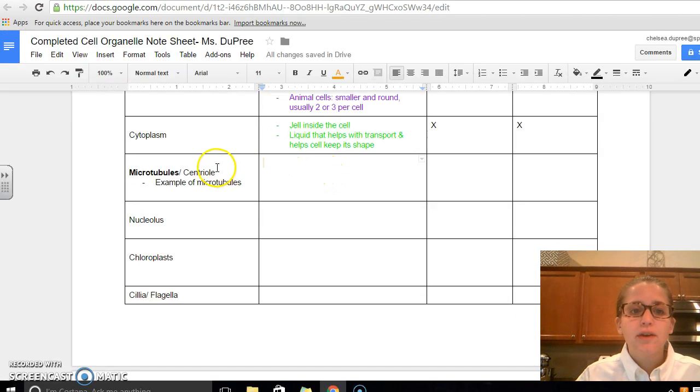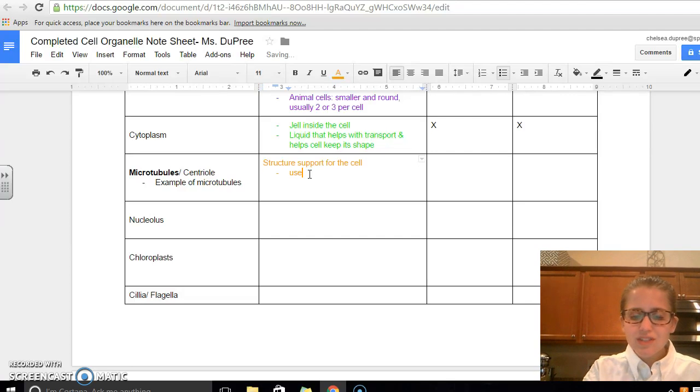So, next up, microtubules and centrioles. And centrioles are just an example of microtubules, okay? And we'll come back to exactly what they do later in the semester, but I do want you to go ahead and make note that they are just examples. Now, microtubules provide structure support for the cell.